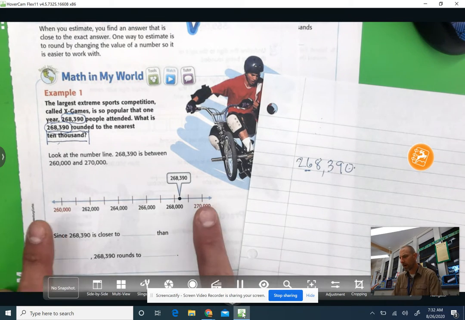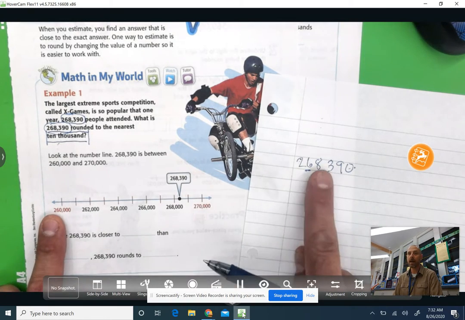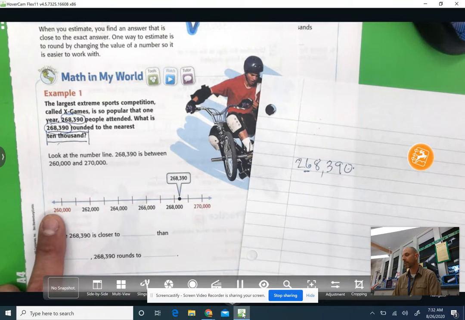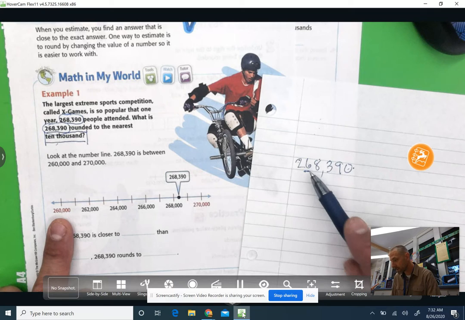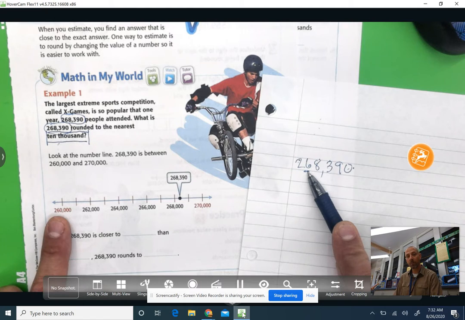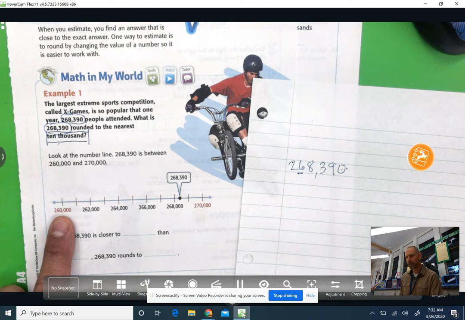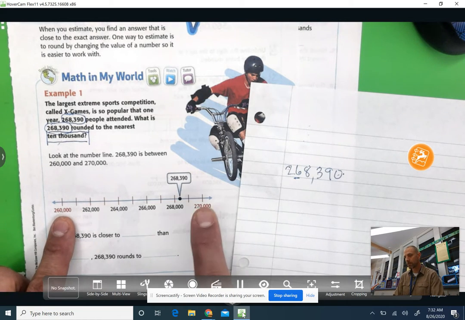And what we're thinking about here is, what are the two 10,000s that surround 268,390? Well, the first one, the one on the left of your number line, is always going to be including the value of the digit in the place that you're rounding. That means the place that we're rounding is the 10,000s, and the number on the left is 260,000. So that's one of our 10,000s that we have as an option to round this number to, or 10,000 more than 60,000 is 70,000.